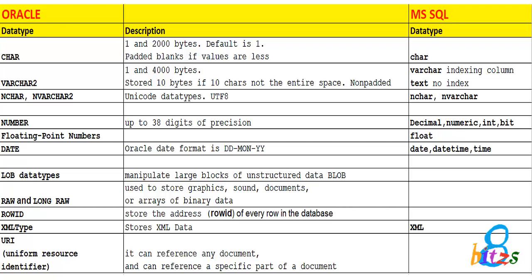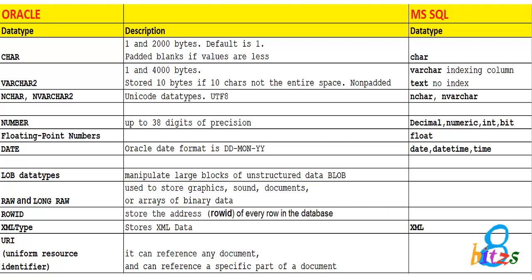In Oracle it considers only number, but while defining this data type we have an option like number of 6,2, which directly corresponds to the decimal we use in Microsoft SQL Server. But in Oracle there is only one type, number, and similarly a floating point number is also available. It is used for ASCII values and binary values.